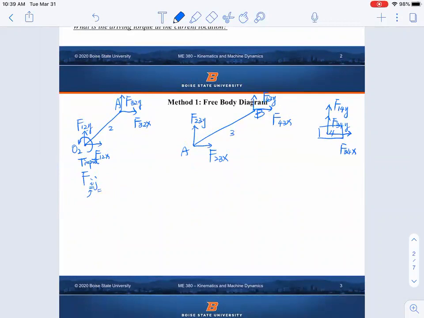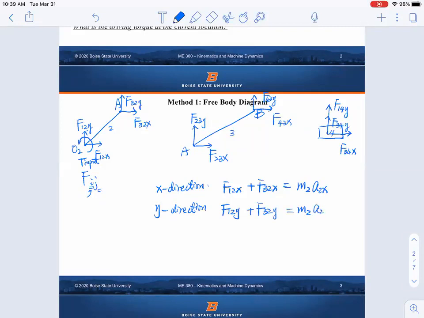So for example, here for number 2 link, we have the X direction, F1 to X plus F3 to X. That's going to give us a linear acceleration. And then along the Y direction, F1 to Y, F3 to Y, that's going to give us the other linear acceleration along Y axis.